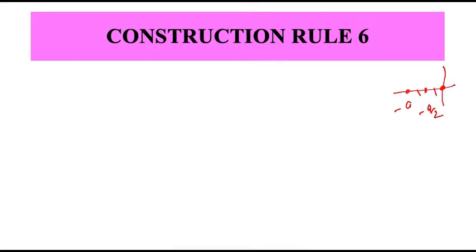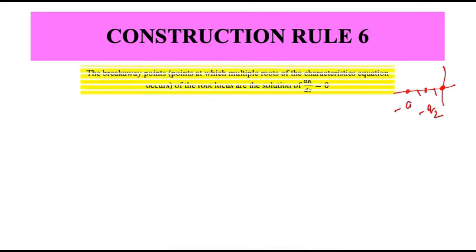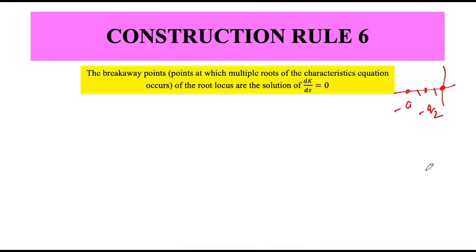So I am just giving you a characteristic equation. Suppose I give you a characteristic equation with a polynomial s to the power 9, 16 s to the power 8, and so on, lots of terms. I should first know whether a breakaway point exists or not, right? So who tells me this breakaway point? Again, everything is from the characteristic equation.